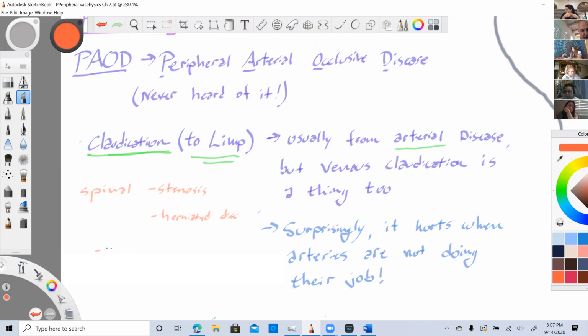And then just in general, osteoarthritis. In other words, arthritis. Arthritis of the hips, arthritis of the spine.